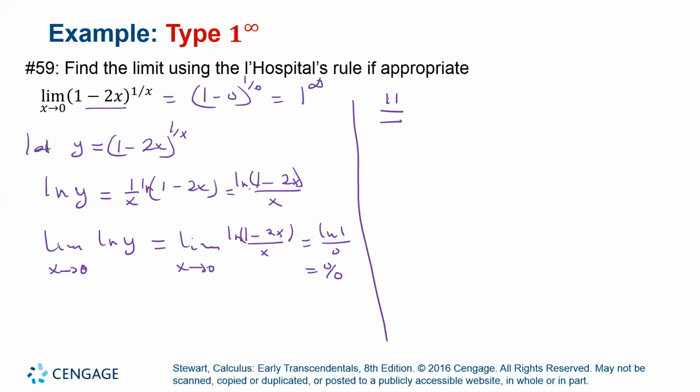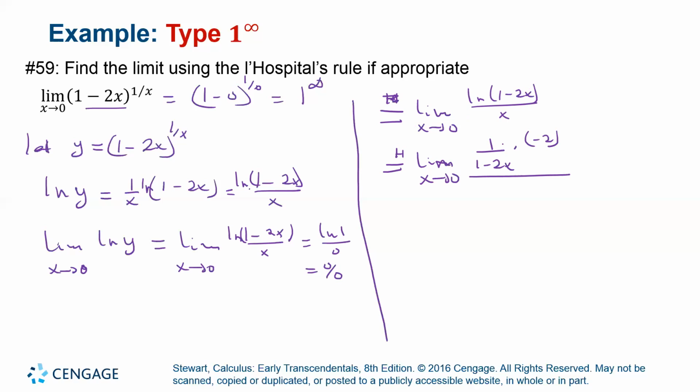Okay. So we differentiate. The limit as x goes to 0 of natural log of 1 minus 2x over x. When we apply L'Hopital's rule, we have for the limit as x goes to 0, differentiate that, you have 1 over 1 minus 2x times the derivative of that, which is minus 2.